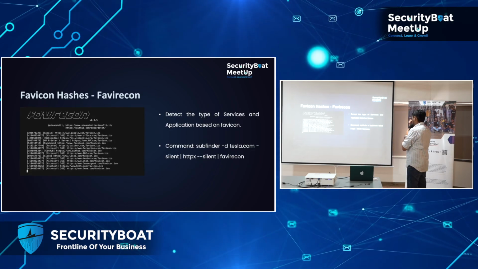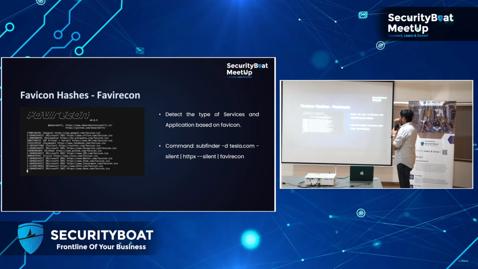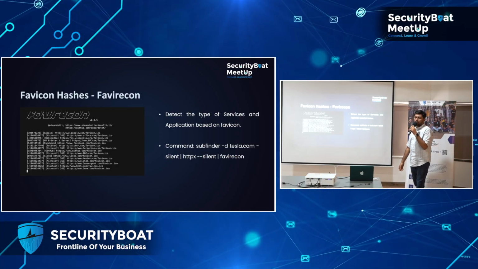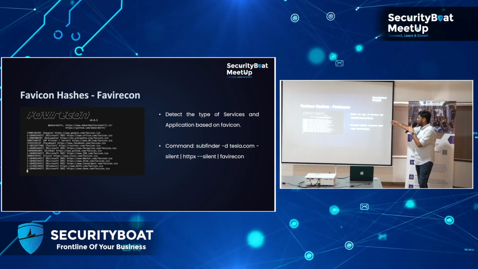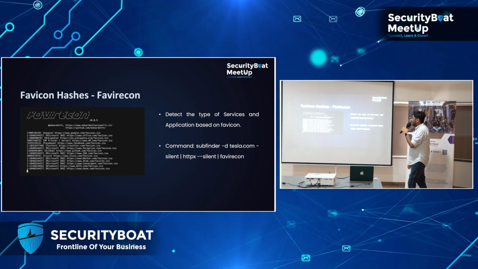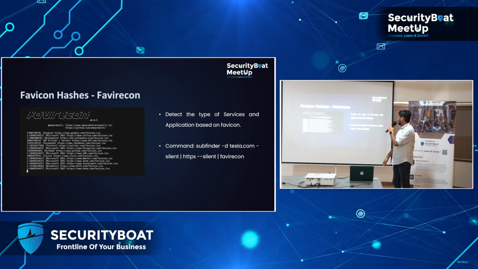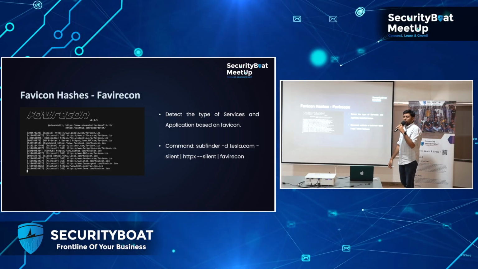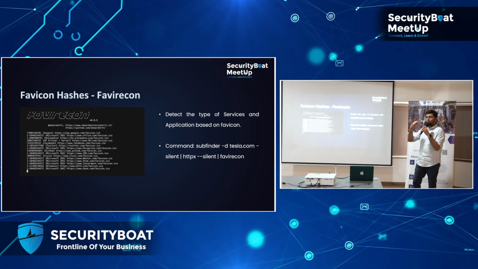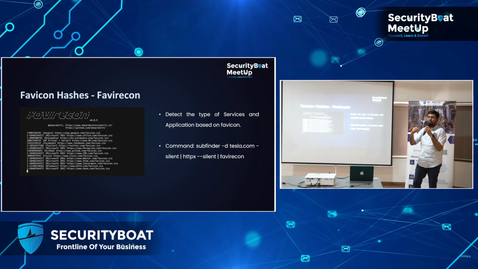Right, moving forward. Let's talk about favicon hashes more. We are going to introduce you to a tool called as favicon. What favicon does is, okay, it detects the type of service and application based on the favicon. So not just the favicon hash, but you also get what server the website is running on.